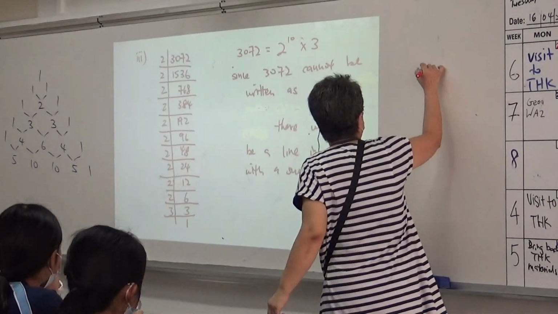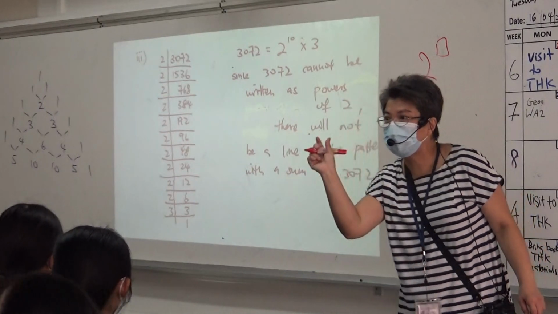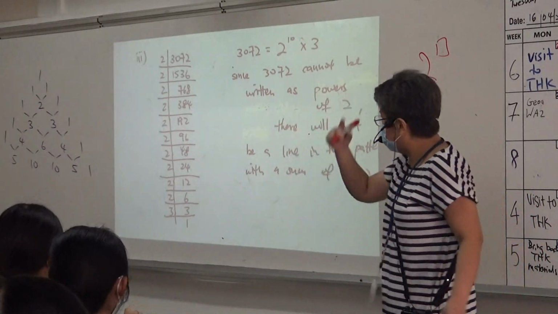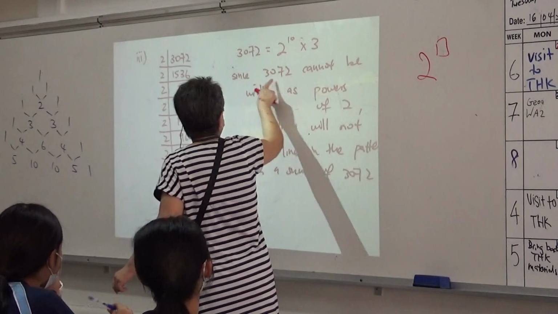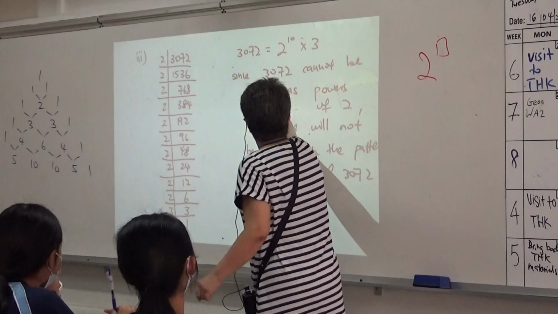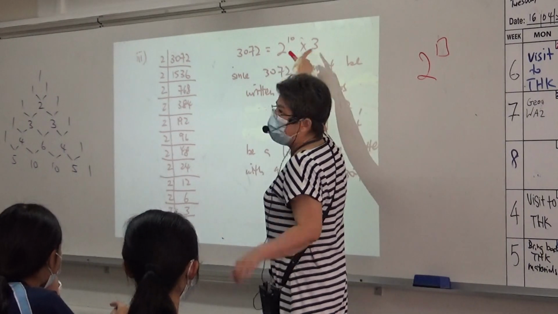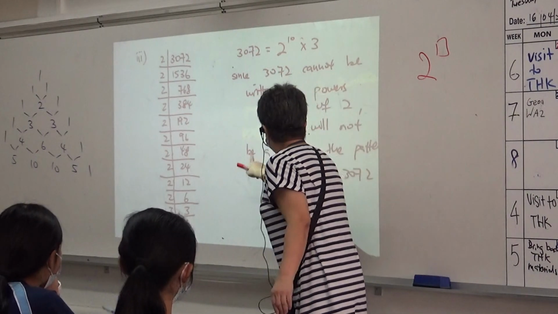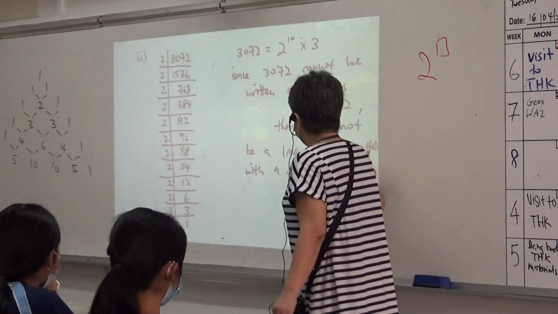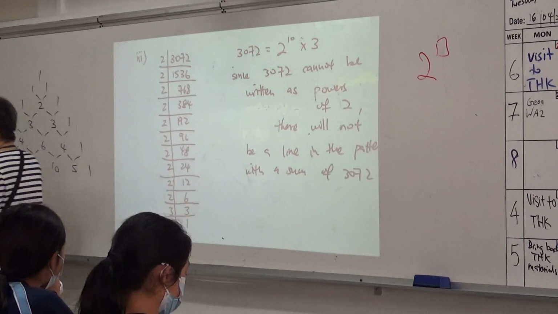Is it in the form 2 to the power of something? No, there's an extra 3. So can it be a term in the sequence? Since this cannot be written as powers of 2, because it's powers of 2 and 3, there will not be a line in the pattern with a sum of 3072.